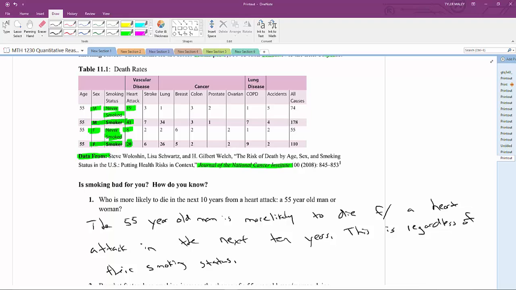So if a man smokes or not, they're more likely to die from a heart attack than a female.